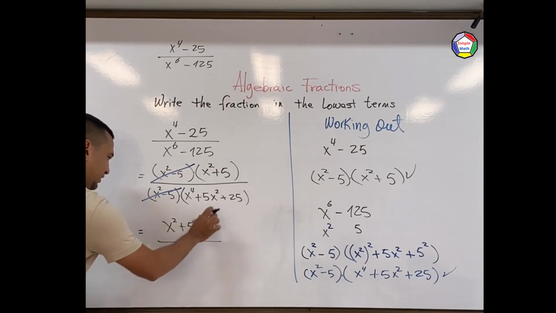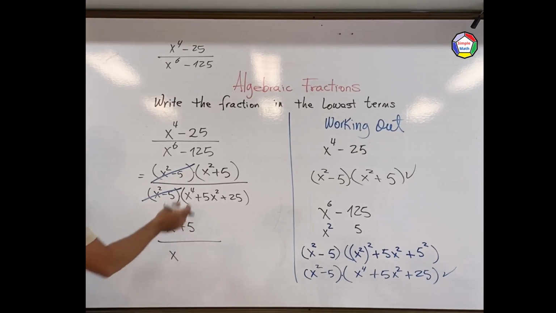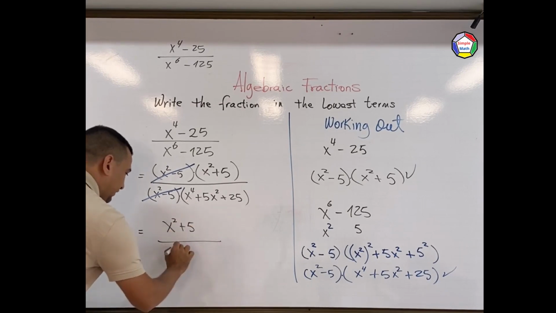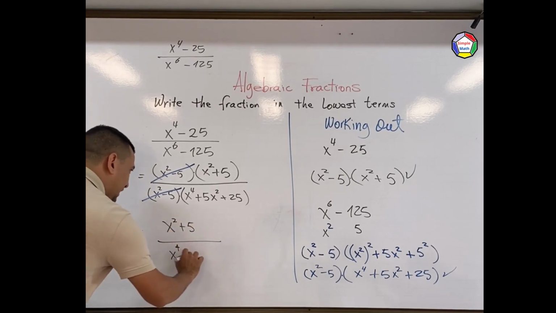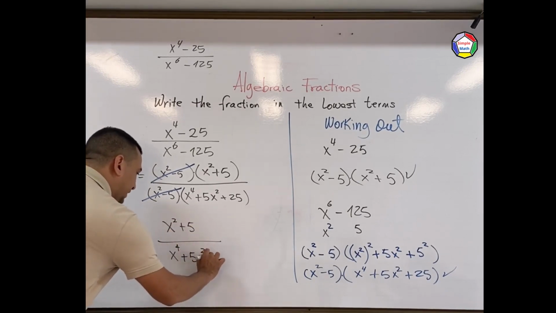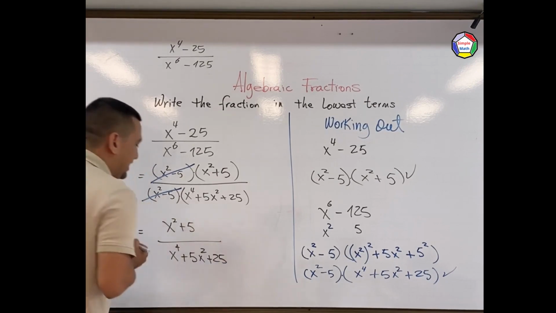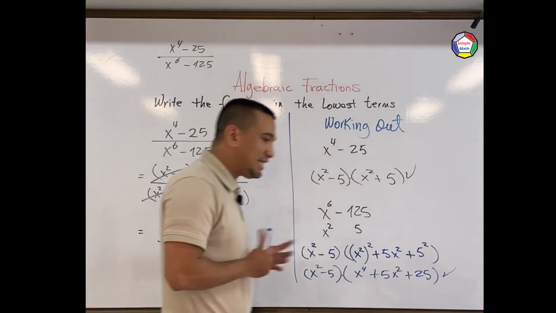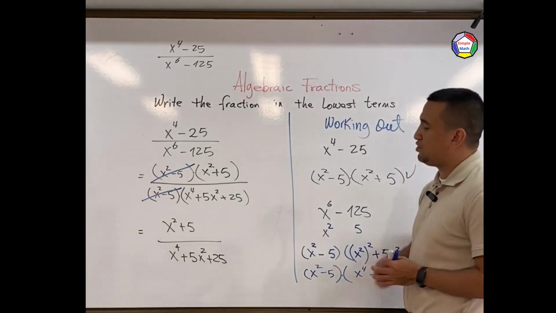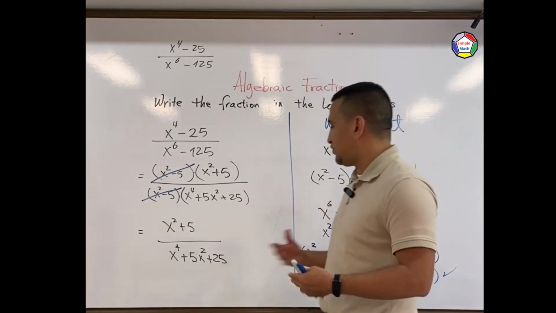It's not necessary to write the other parenthesis anymore because there's nothing on the numerator to be multiplied with it. This is the answer in the simplest form. There's nothing else we can do here.